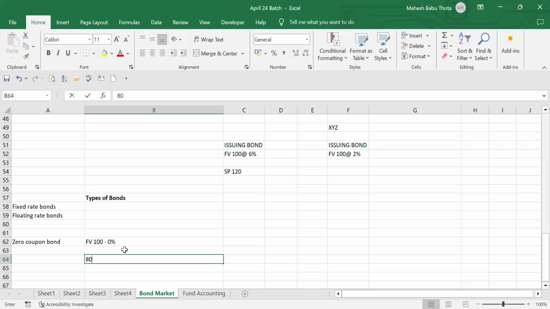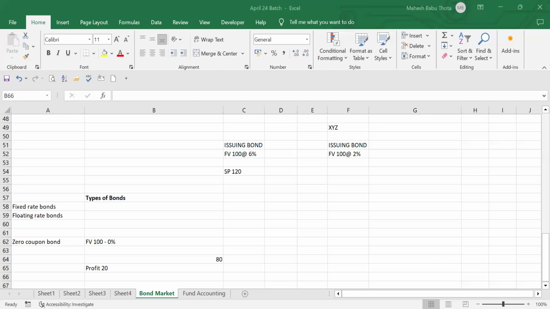Suppose I am paying 80 rupees. On realization I'll get 100 rupees. So you'll get a profit of how much? 20 rupees. This is the concept of zero coupon bonds. Zero coupon bonds will be issued at a discount only, but on maturity they will be realized at face value.